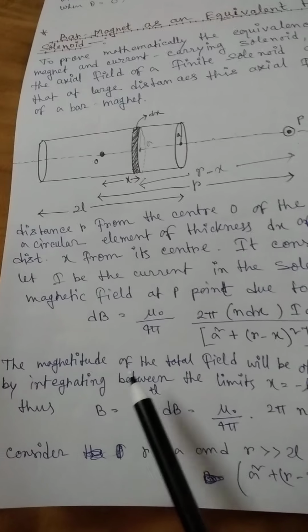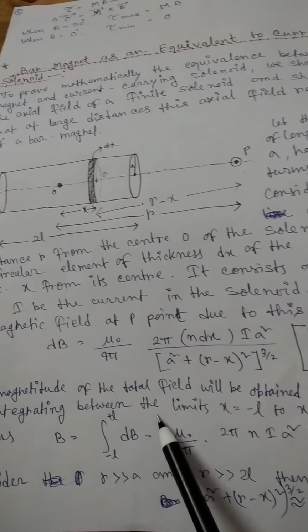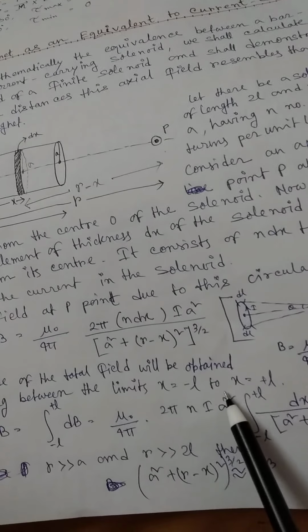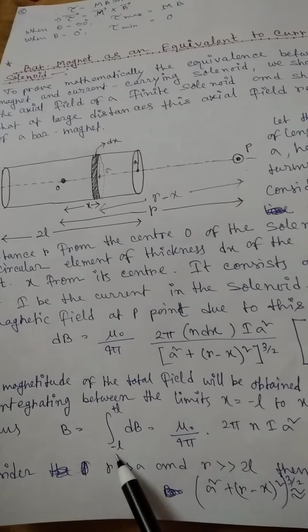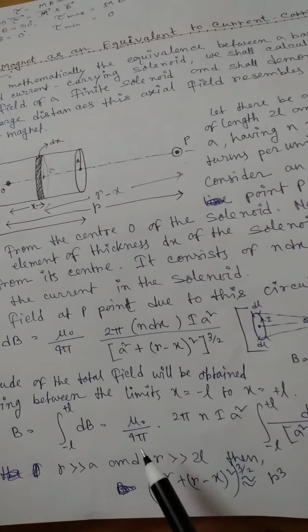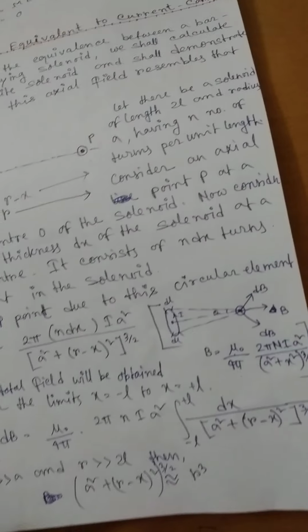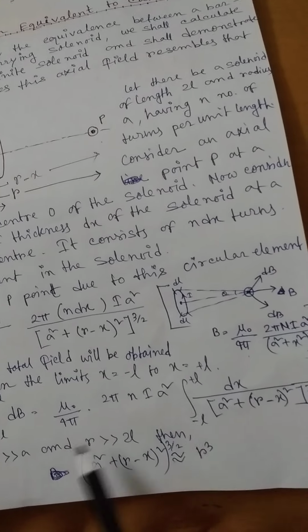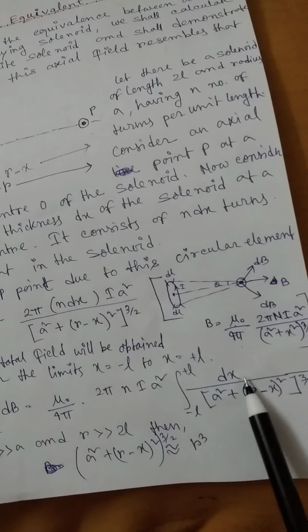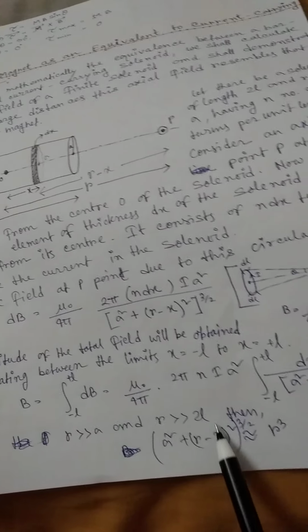Now the magnitude of the total field will be obtained by integrating between the limits x equals minus L to x equals plus L. Thus B equals the integration from minus L to plus L of dB. Mu naught by 4 pi are all constants, only x will vary, right? So 2 pi n I a square all come out of the integral, and we integrate dx from minus L to plus L. Here we assume that r is greater than a and r is greater than 2l.